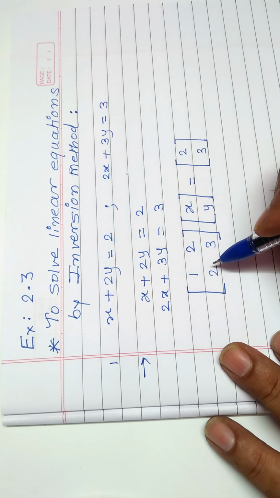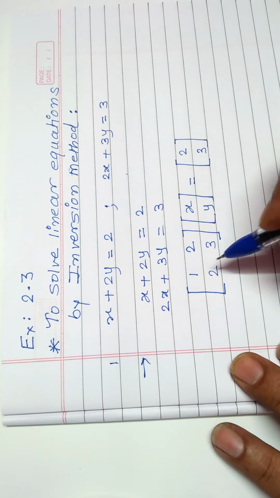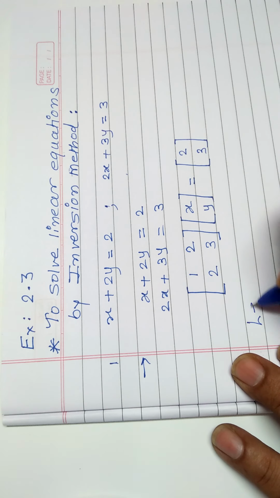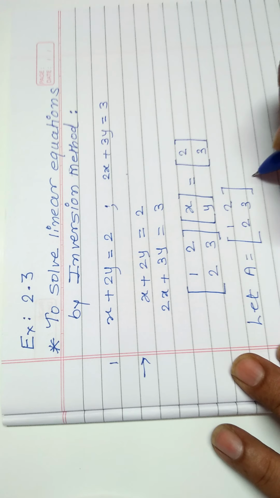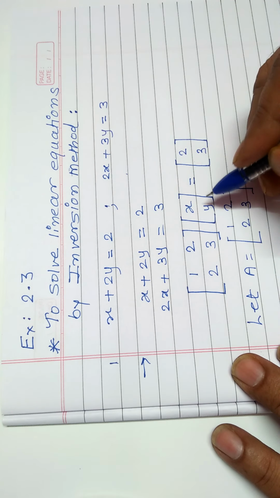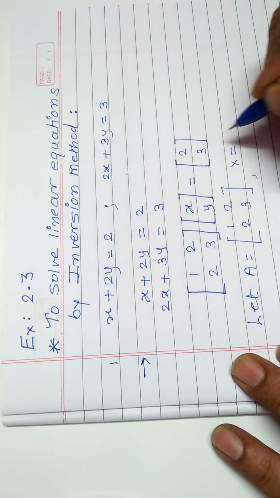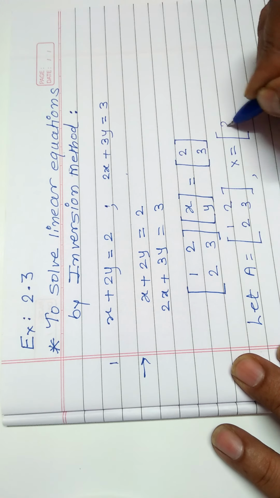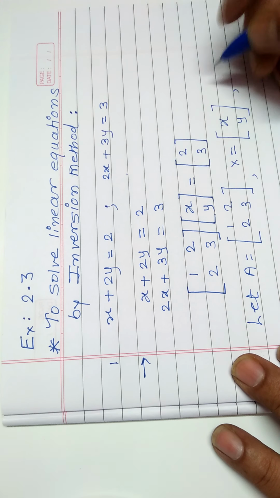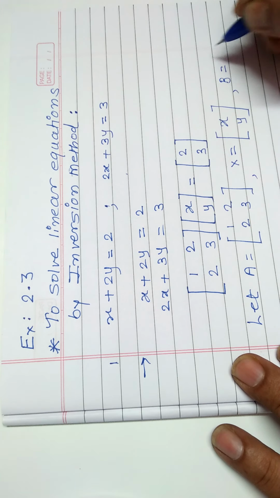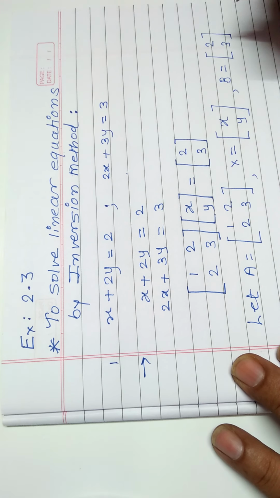Now let the first matrix be denoted as A, so A = [1 2; 2 3]. The second matrix we denote as X, that is [x; y], and the last one as B, which equals [2; 3].